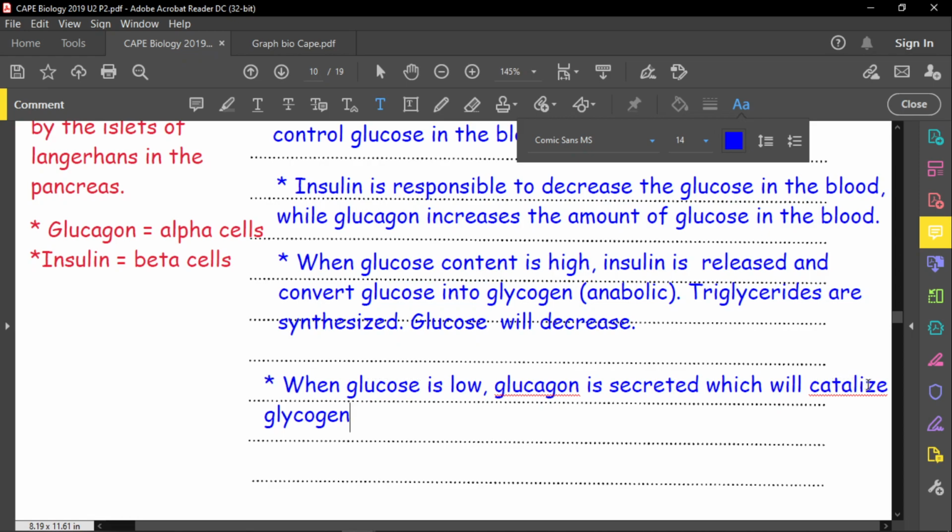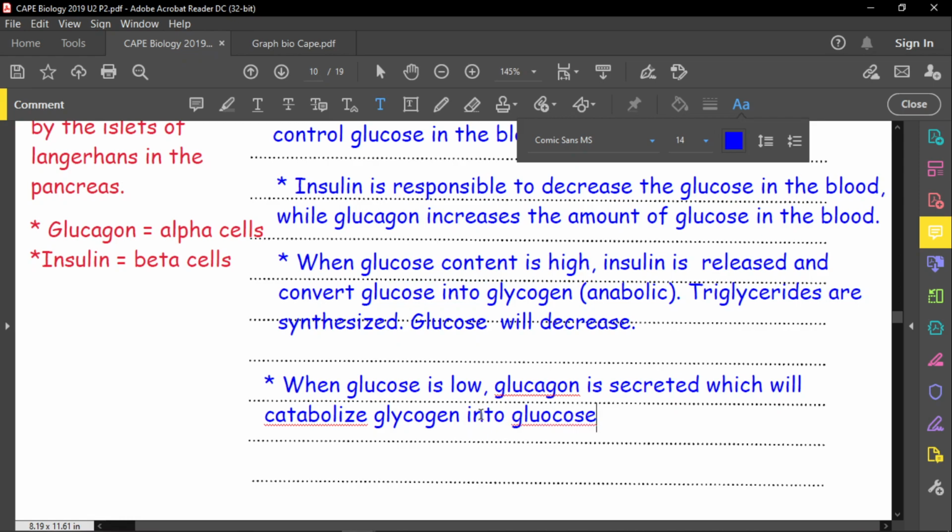Let me say catabolized glycogen, and this will be into glucose, just to make a note of that. So catabolize glycogen into glucose.